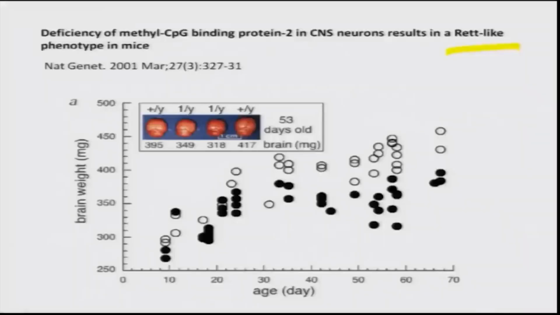And when they identified the gene for this Rett syndrome, what they found was very surprising, because the gene that is mutated and leading to the Rett syndrome phenotype is a protein that is expressed in a wide variety of cells. In fact, it is ubiquitous, meaning it is expressed in every cell type that you can think of. And second, it has a very generic function, because this is a protein that goes and binds to regions in the genome which are methylated cytosine bases.